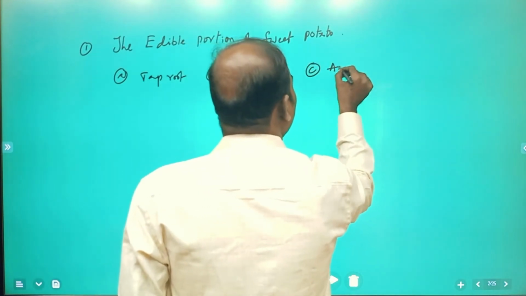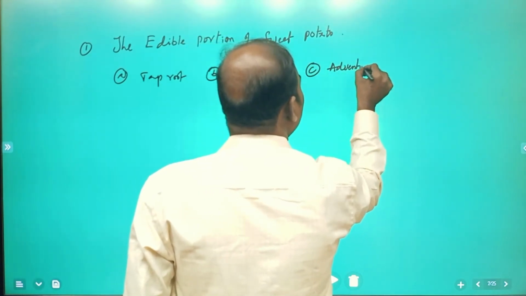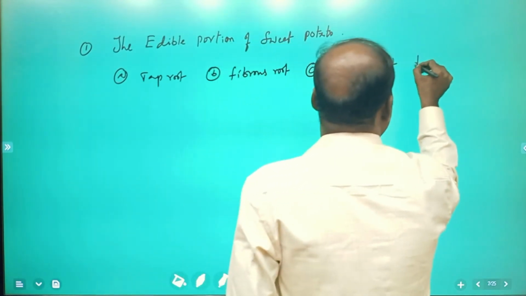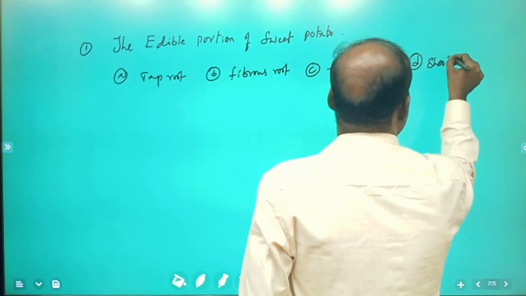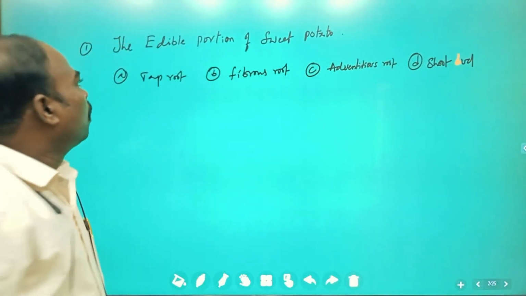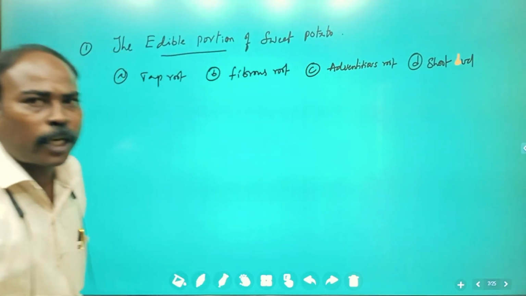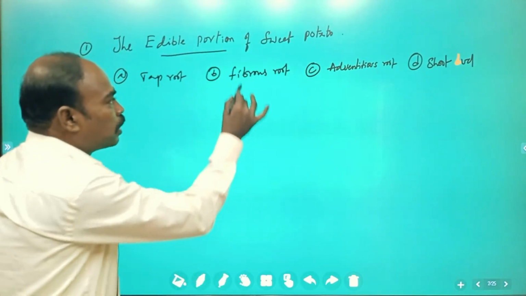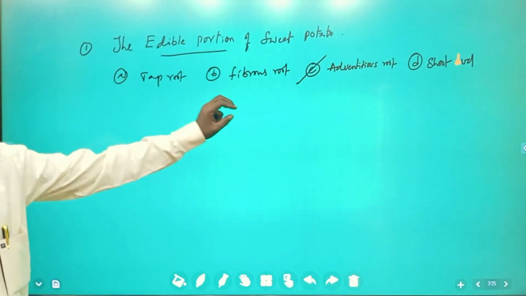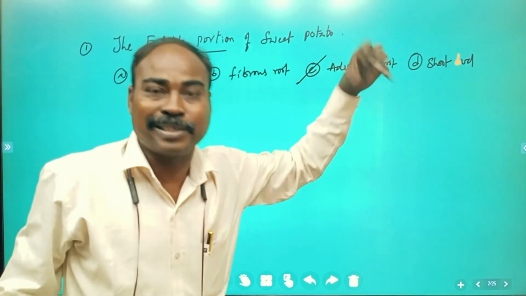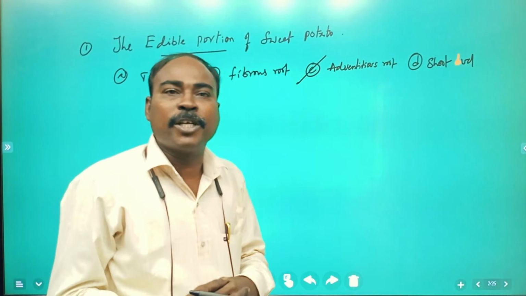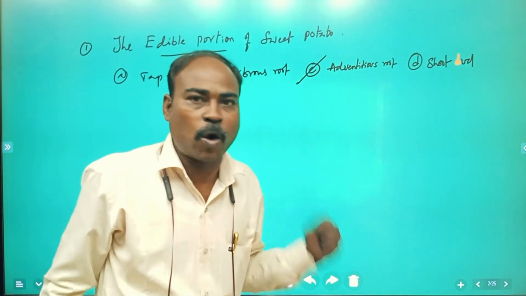C. Adventitious root. D. Shoot bud. The edible portion of sweet potato. Taproot, no. Fibrous roots, no. Adventitious root. Adventitious root of sweet potato is the edible part. This question was asked, simple question, right? Likewise, in NEET examinations, the questions were asked, we must be aware about the point, right?